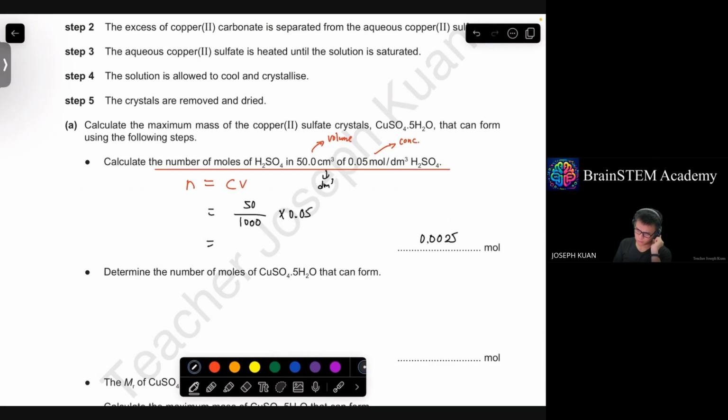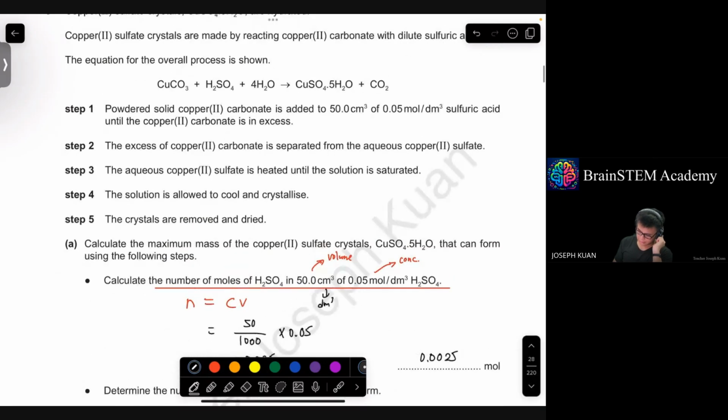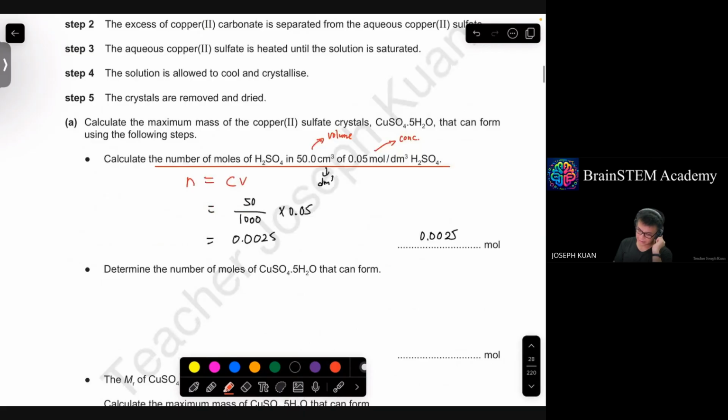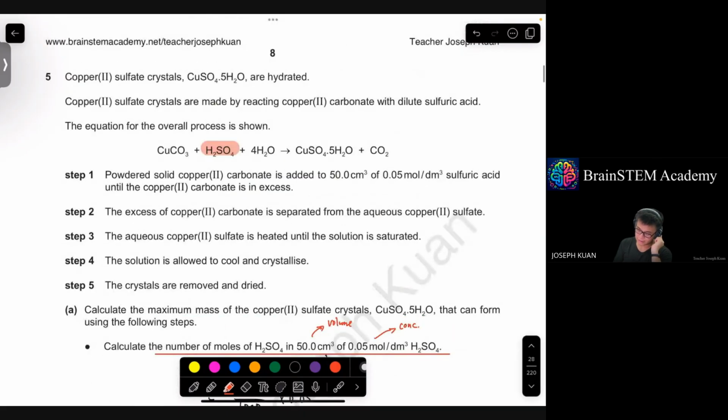Now, determine the number of moles of the hydrated crystals that can be formed. Look back to the question. The given data is based on sulfuric acid, and the product asked for in the question is this particular product. So based on the equation alone, forget about everything else for now.